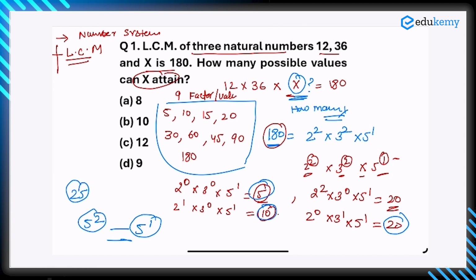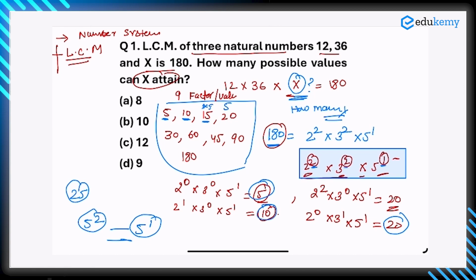If we match the question according to this condition, the power of 2 should not be more than 2, the power of 3 should not be more than 2 and the power of 5 should not be more than 1. Even in the case of 3 into 5 we can see the power of 3 is 1 and the power of 5 is 1.